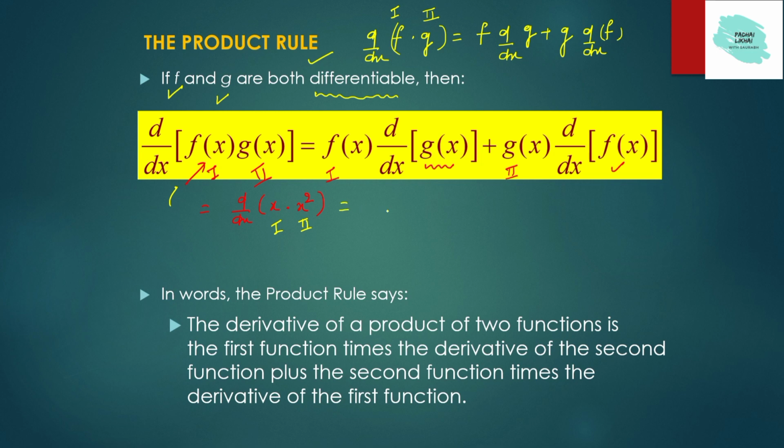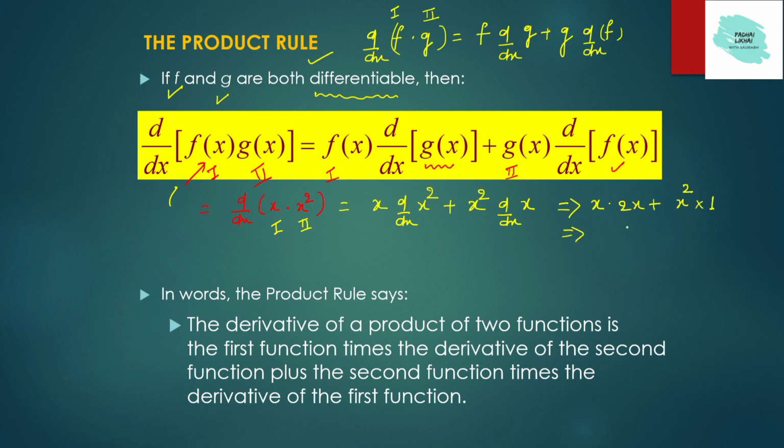Keep the first function and differentiate the second one, plus keep the second function and differentiate the first. It will be x into the differentiation of x², which is 2x, plus x² into the differentiation of x, which you know is 1.